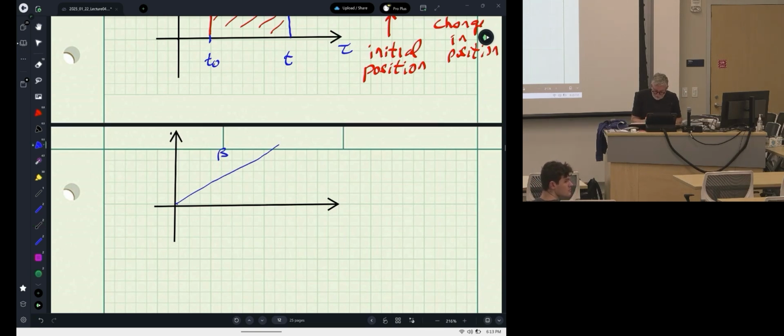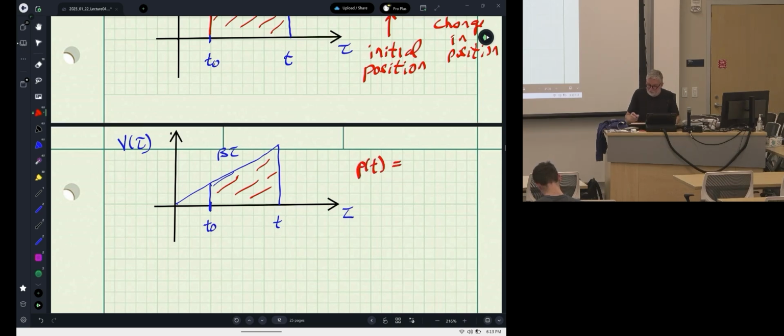Okay, so let's make this beta tau. Once again, tau. Dummy variable is tau. We have a time t0, time t. Then this one, okay, you guys know the integral. It's just the area under this part of the triangle.